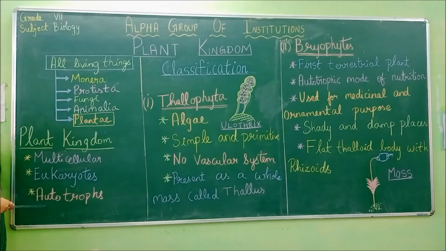They do not depend on other organisms. Using chlorophyll, they undergo photosynthesis with the help of sunlight and water. So these are the three characteristics.